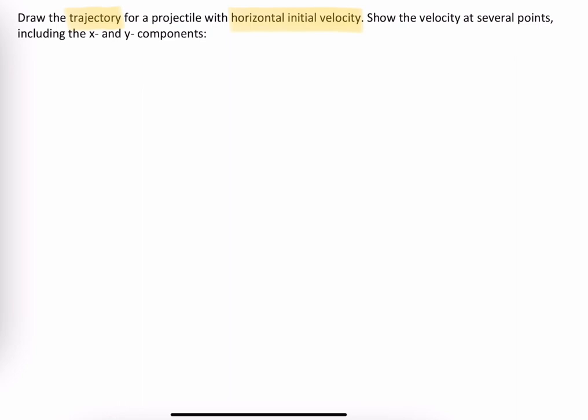And when you aim it, you're going to aim directly horizontal. You're not going to point down towards the ground. You're not going to point up towards the sky. You're going to aim it completely horizontal. So if there was no gravity, the ball would just continue on at the same height above the ground, not getting any closer or further from the ground. That's what I mean when I say horizontal initial velocity.